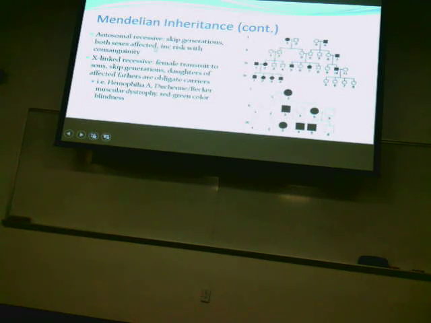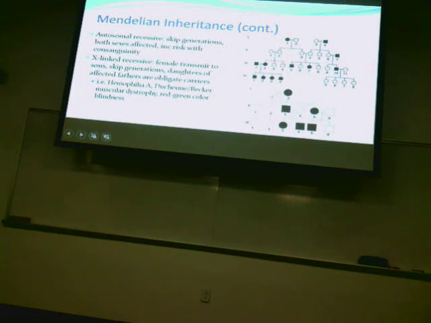X-linked recessive. The big thing to think about is that moms are going to give this to their sons. This can also skip generations, and daughters of affected fathers are going to be obligate carriers, because the daughters of affected dads will get their father's diseased X chromosome.